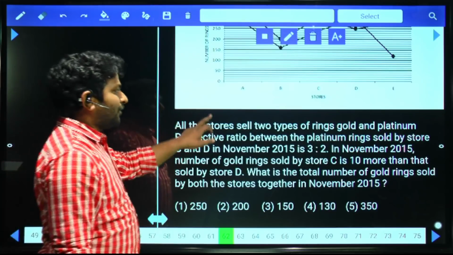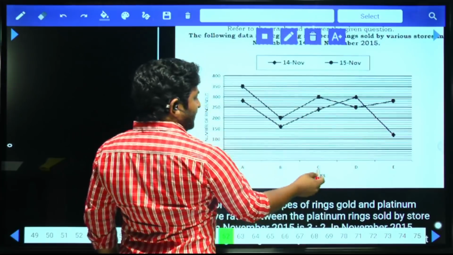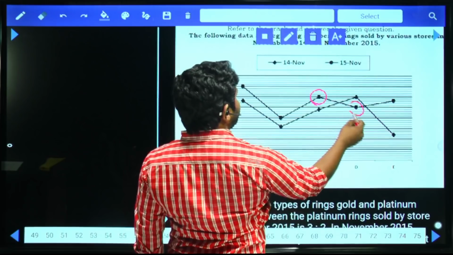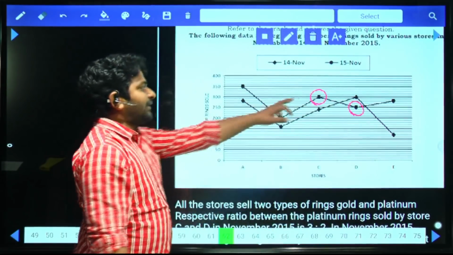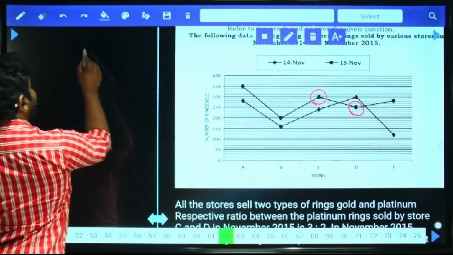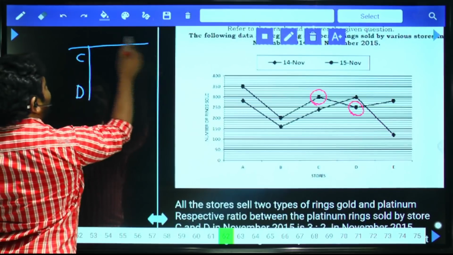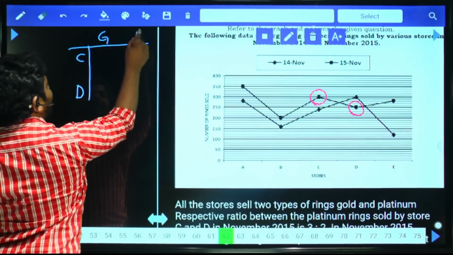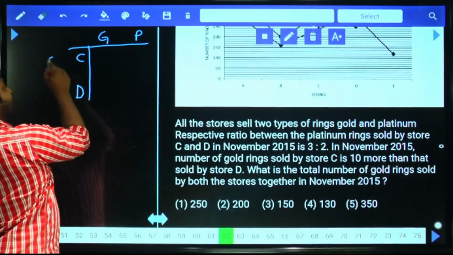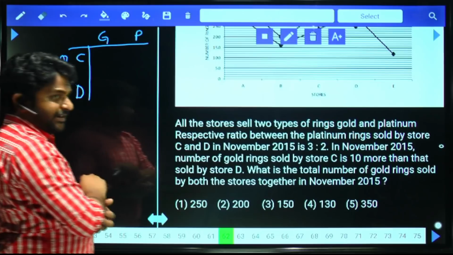For C and D in 2015, the circle value for C is 300 and for D is 250. 300 rings in store C, 250 rings in store D. Everywhere we will have gold and then platinum.